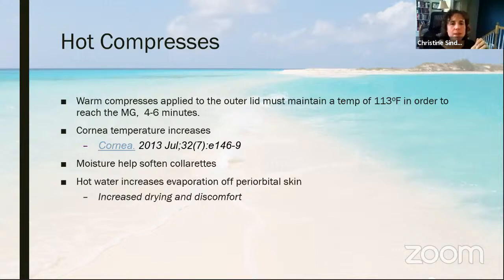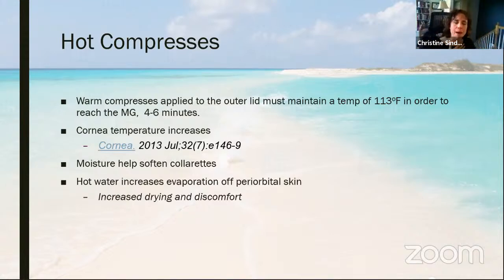When you use something like sand or rice that's heavy and you put that on the eye, the cornea is actually temperature sensitive, so it will deform the cornea. When the patient takes that off, they're going to say, oh my gosh, I'm so blurry, I can't see anything. That's because they actually have deformed corneas that take a while to pop back.